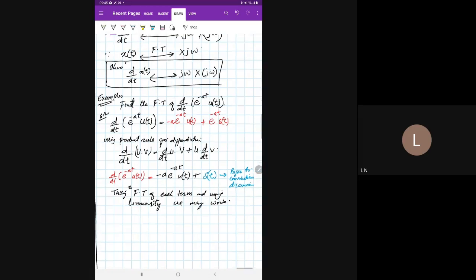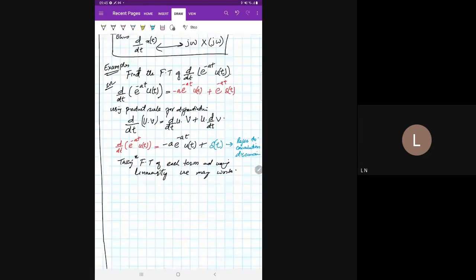If we take the Fourier transform of each term, we will have to take the Fourier transform of d by dt of e raised to power minus at u of t.